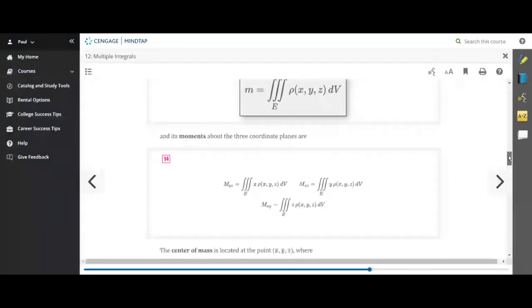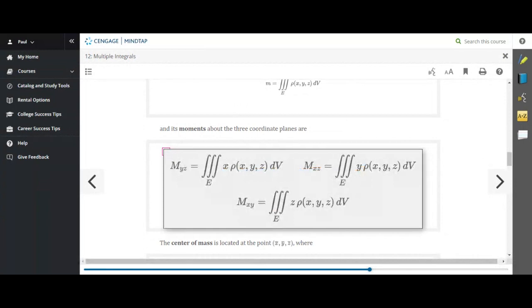The moments also, the definitions are similar to what you learned in section 12.5. But now, since we're dealing in three-dimensional space, instead of moments about the axes in the XY plane, you have moments about the coordinate planes, because you have X distances and Y distances and Z distances.